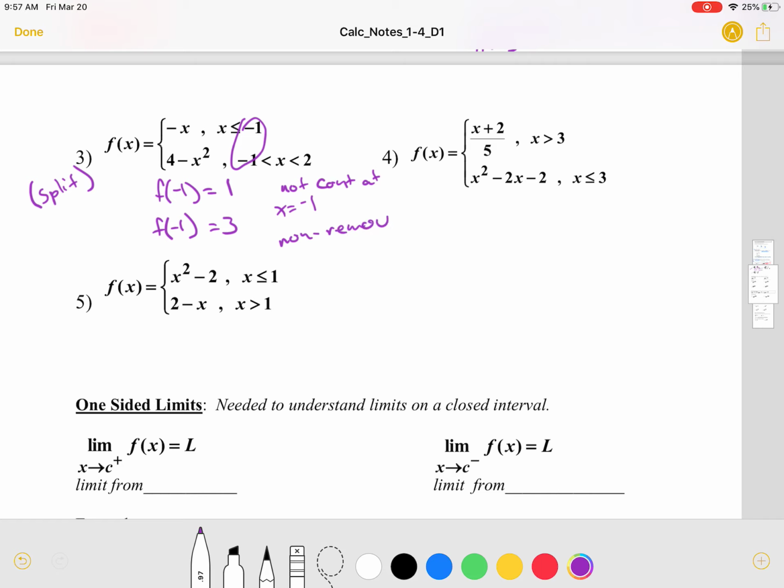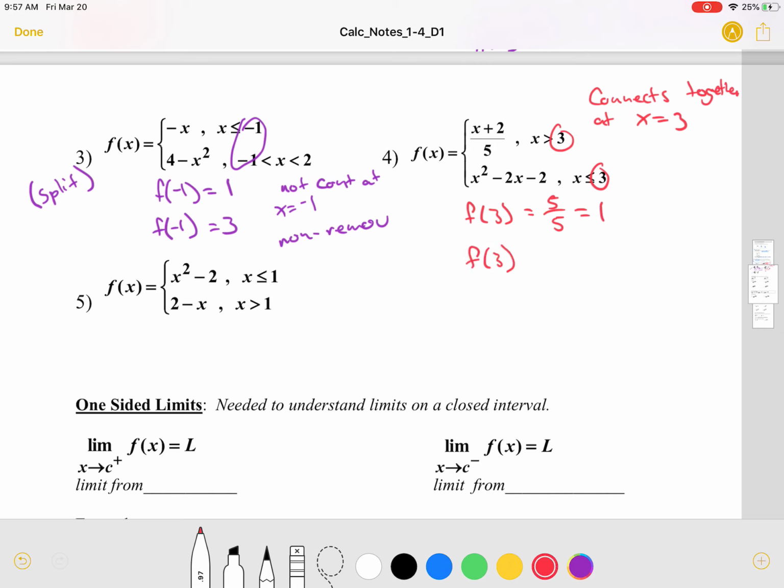Okay? Hopping on over to 4, we can look again and see that they meet at the same x point, right? It connects together at x equals 3. Okay, but now let's plug in our f of 3 for both of our equations. F of 3, the first one, you get 5 over 5, which equals 1.